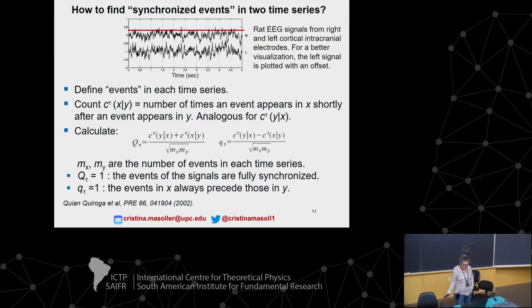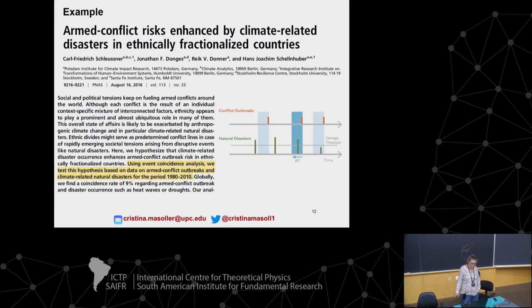So let me say that this event synchronization has been used many times. I wanted to point out this example in which they study climate-related disasters, and how these climate-related disasters come before some conflicts.